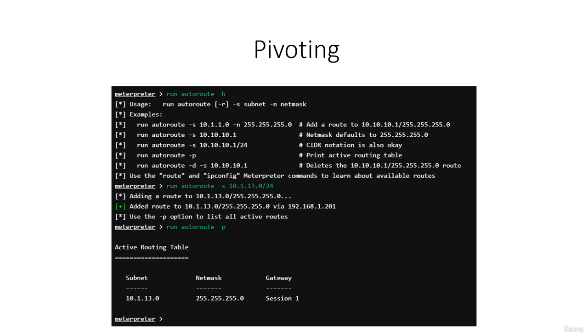So now that we have added our additional route, let me define this as well. What you have to do now, run autoroute -p. This will run autoroute on this Meterpreter session. Use route and ipconfig commands to learn available routes. As you can see, -p will give you the active routing table. As you can see, this is what is currently available.